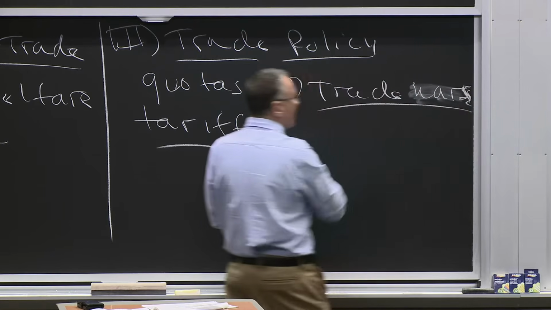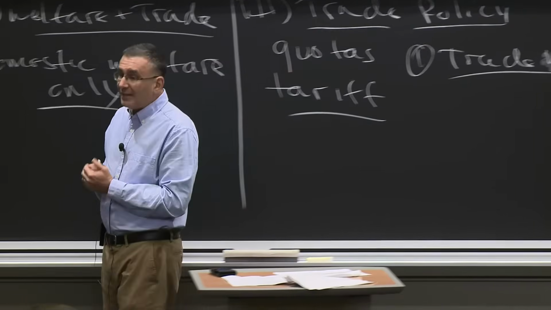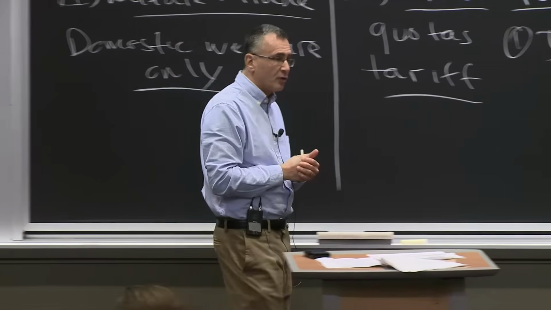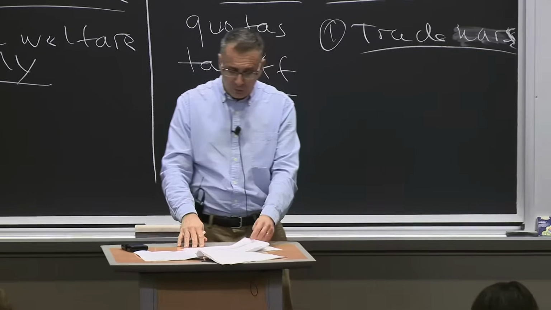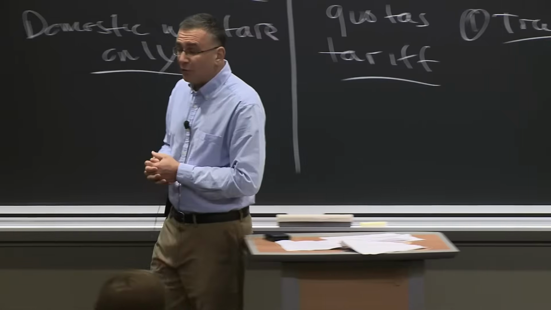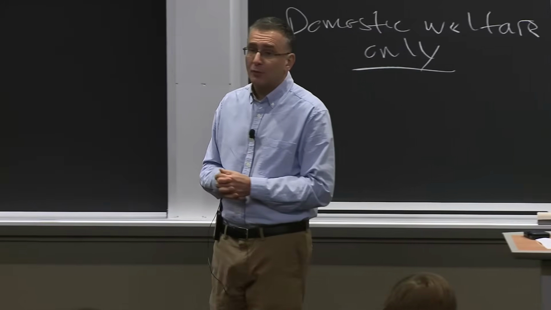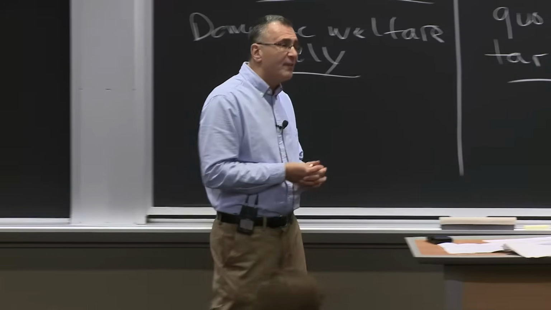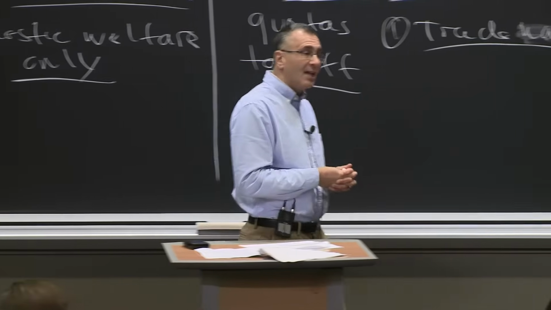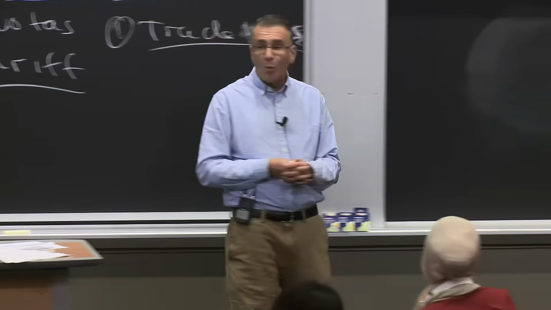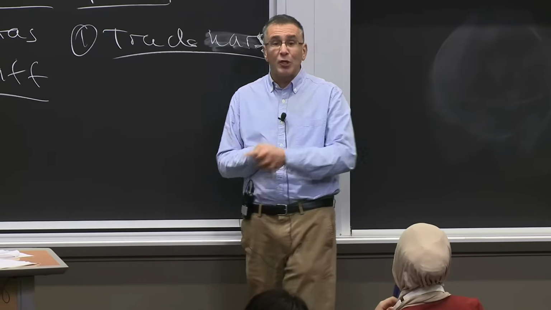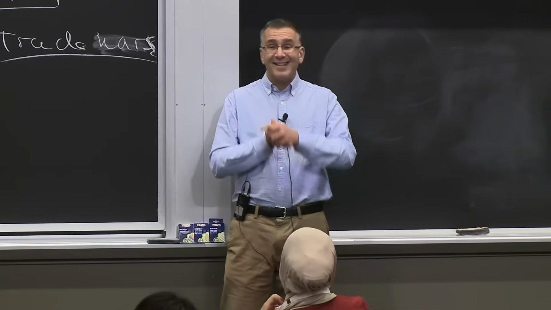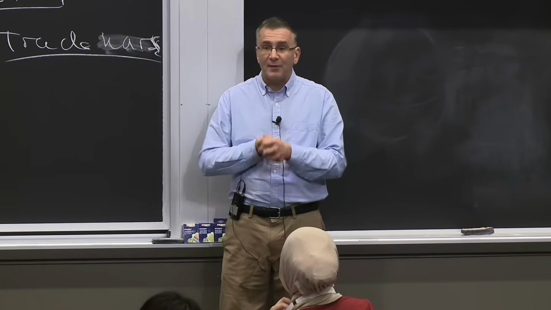Let's say we impose this tariff on Colombian roses. Well, Colombia will be like, screw you. If you're going to tax our roses, we're taxing your computers. What would happen if Colombia placed a tariff on our computers? I don't have that figure, but you should be able to show yourself that it is exactly the opposite effect.